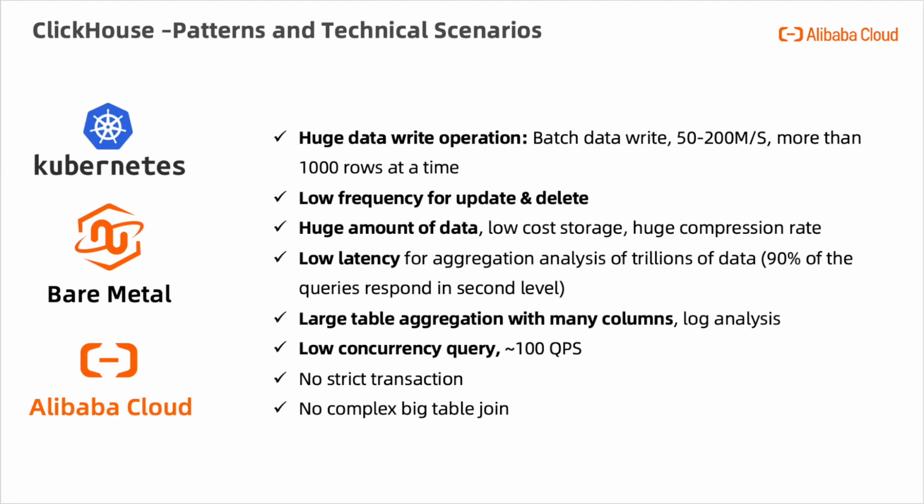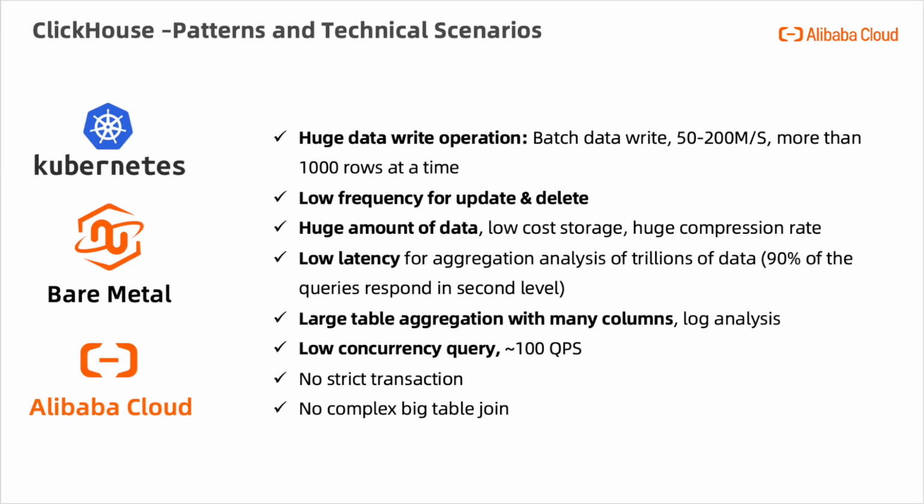Another very typical feature is in user click analysis. Imagine it records every action, with no need to update or delete. And for reads, with a wide table, which means the table contains many columns, quite a large number of rows for specific columns are extracted. It brings the benefits of low storage cost, high compression rate, and also low latency for queries.